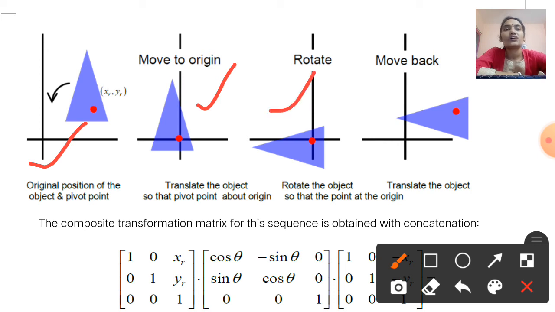After rotation, it will move back, that is the reverse translation. Okay, this one. So in these four steps, we composite the transformation.